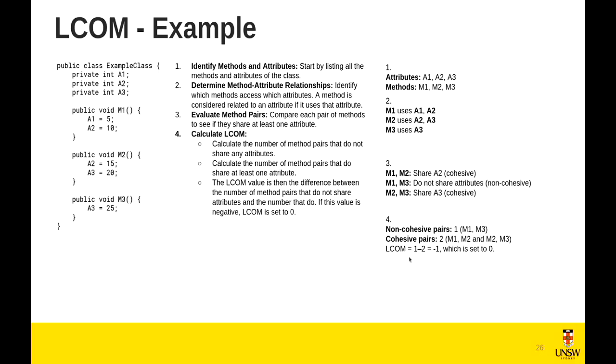So we use 1 minus 2. This gives us minus 1. And because it's smaller than 0, we use the value of 0 here. Which means that this class doesn't have the problem of lack of cohesion of methods. So this is the example here.